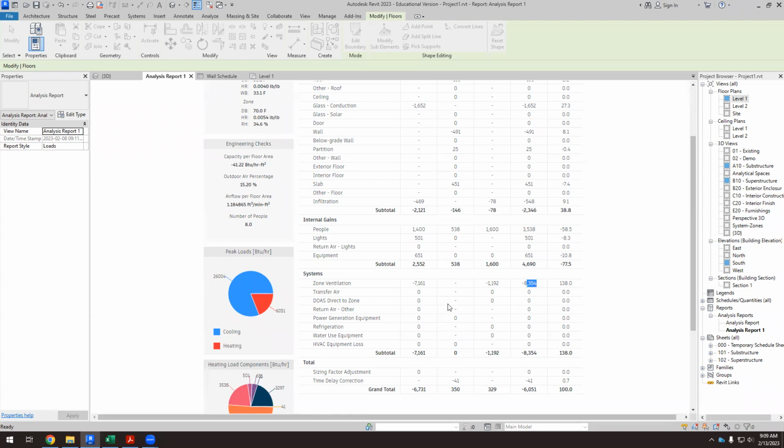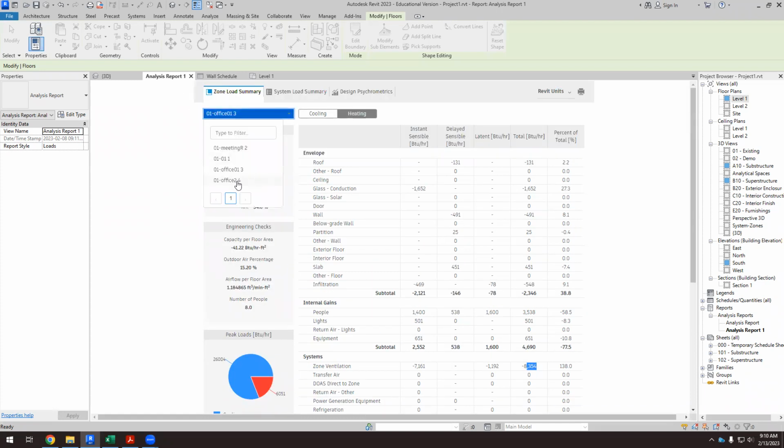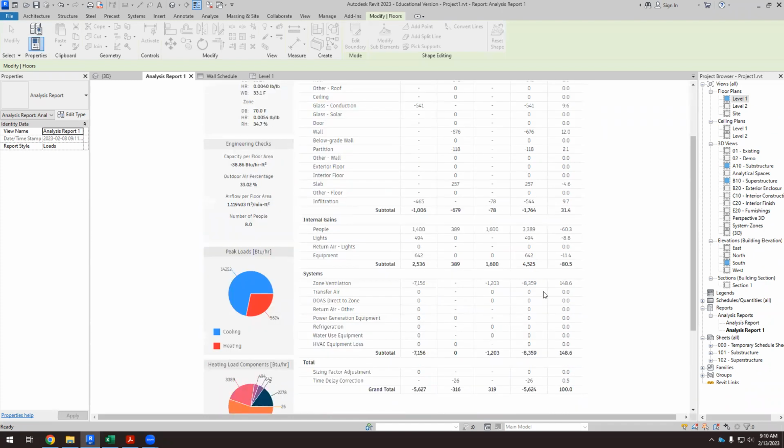Okay, so that's important. So for ventilation, I have 8,000 in that space. In office 4, I have 8,000.